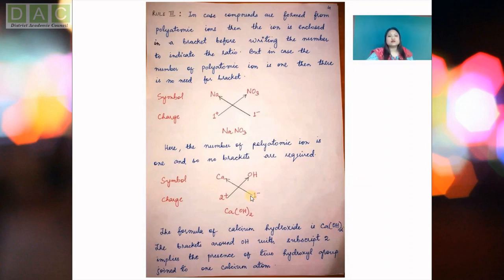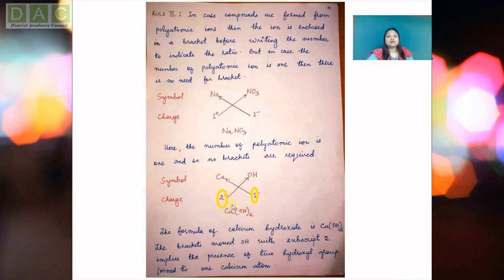Second, we can give the example of calcium hydroxide. Calcium is symbol Ca and hydroxide is OH. What is the valency of calcium? Calcium is 2 and hydroxide is 1.